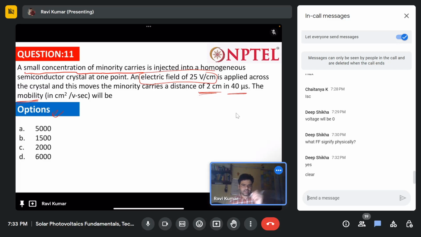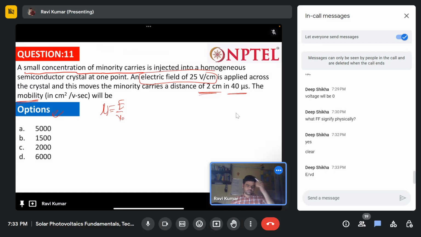Can anyone write here the formula of mobility? Mu equals Vd by E. So first calculate this Vd, the drift velocity.